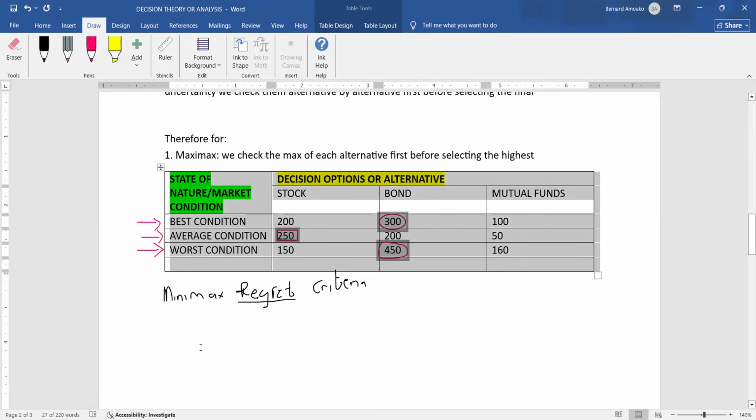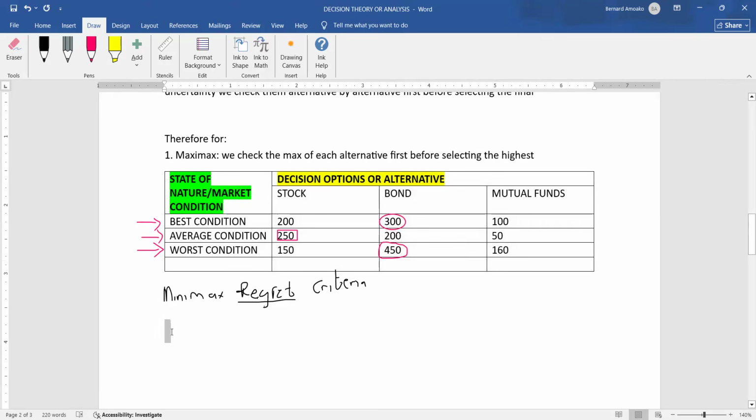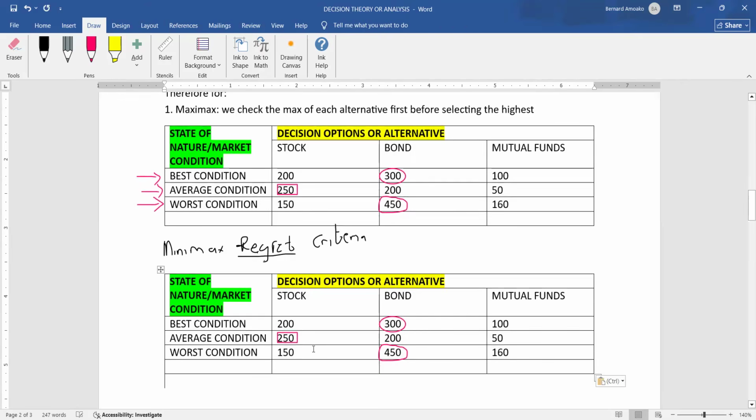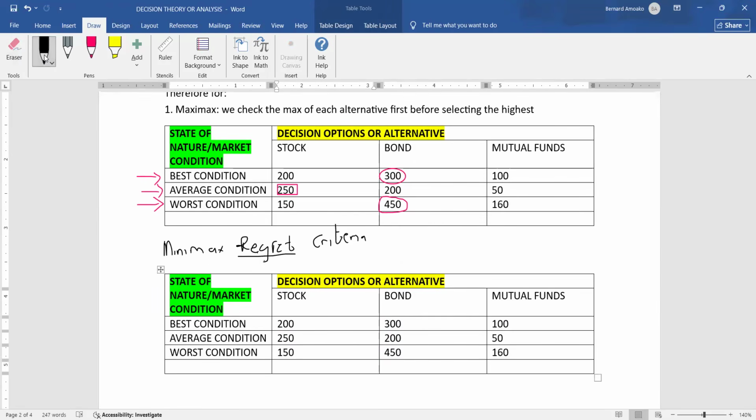This is the regret table that I'm going to create. It means that if I'm unable to go in for the 300, I'll regret how many?